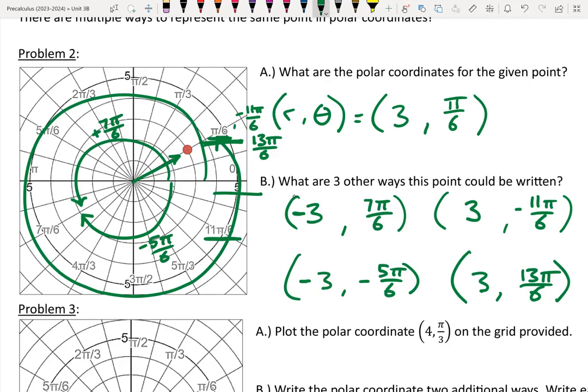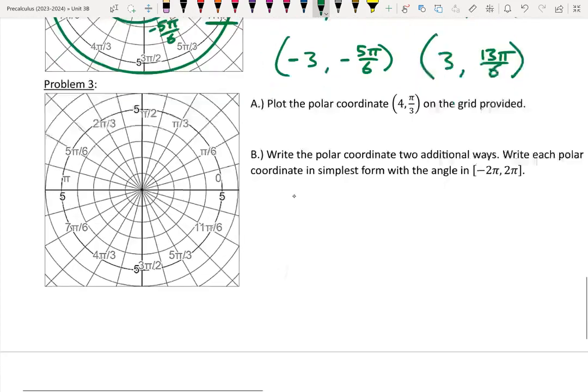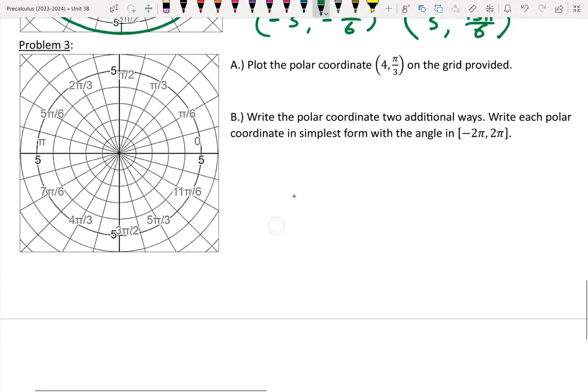However, most often, we are given a restriction on where they want us to pull our angles from. Case in point, problem 3. So problem 3 is very similar. They ask us to plot this point and then write the polar coordinate 2 additional ways, but this time they give us the restriction that our angle has to be between negative 2 pi and 2 pi.